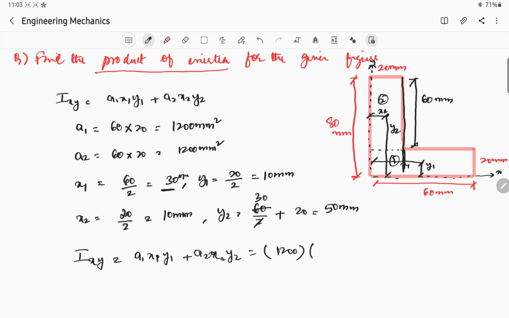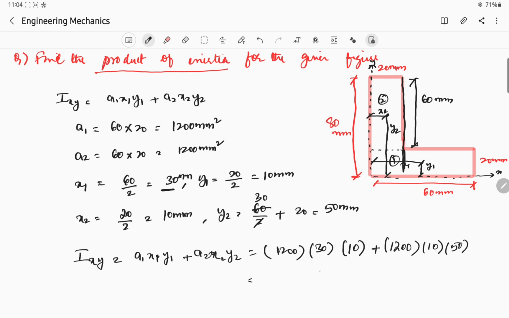Always write dimensions. 1200 into 30 into y1, what is y1? y1 is 10, plus a2 x2 y2. A2 is how much? 1200, into x2 is how much? 10 mm, and y2 is 50.